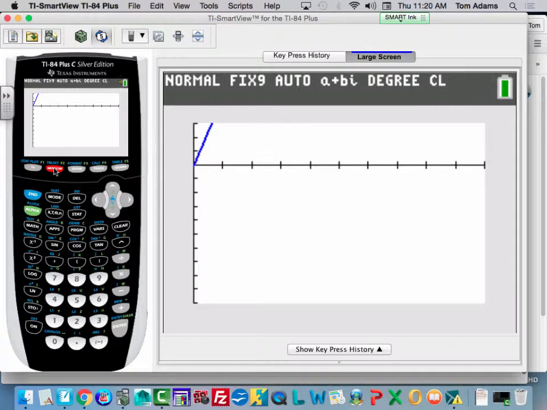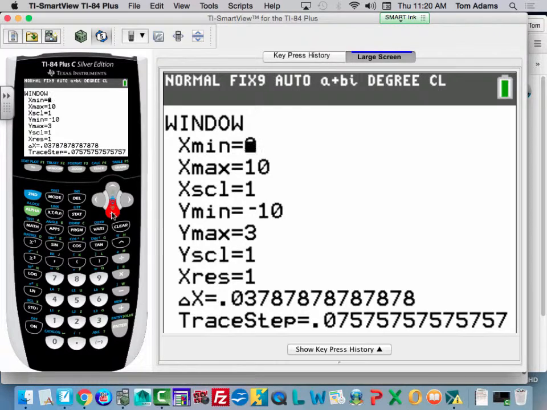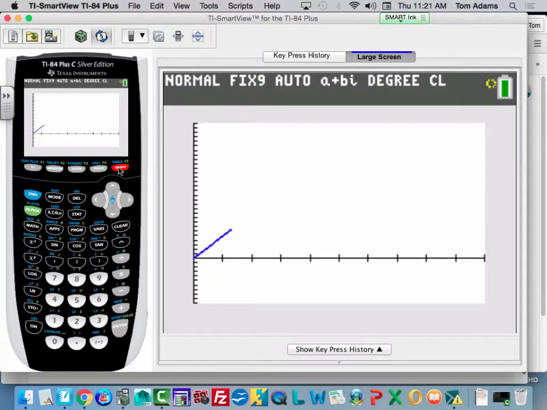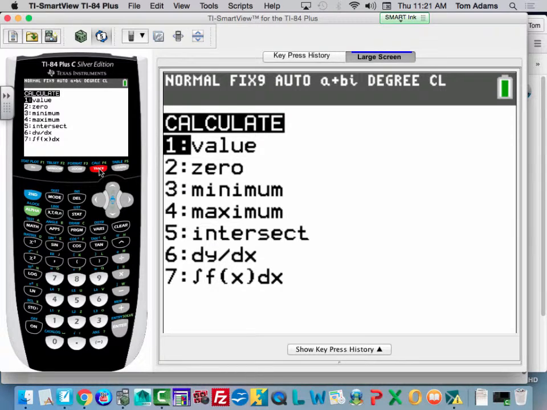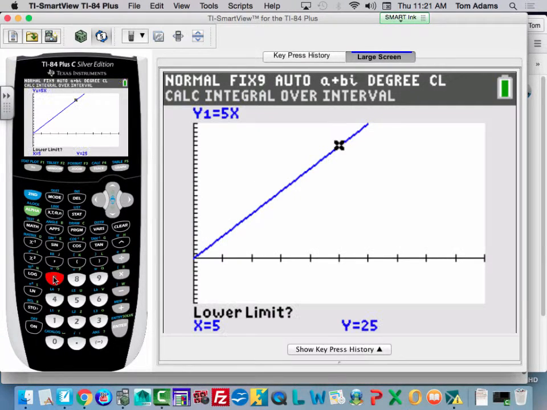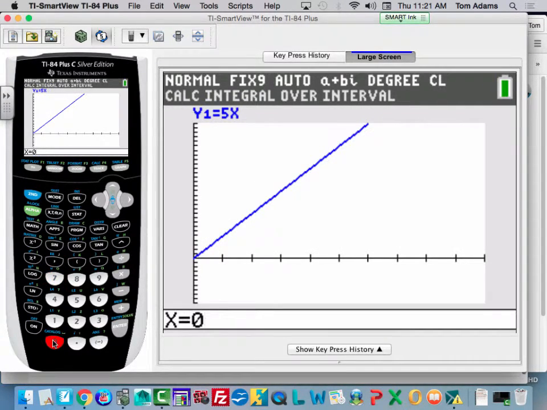There's a little lag on the board because I'm recording and using the emulator at the same time. What we're looking for is the area under the curve from 0 to 4. So if I hit second trace, it pulls up my calculate menu. Hit 7, that gives me the area under the curve. I'm going to go from 0 to 4.